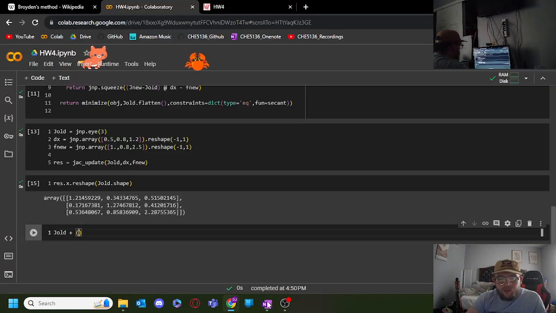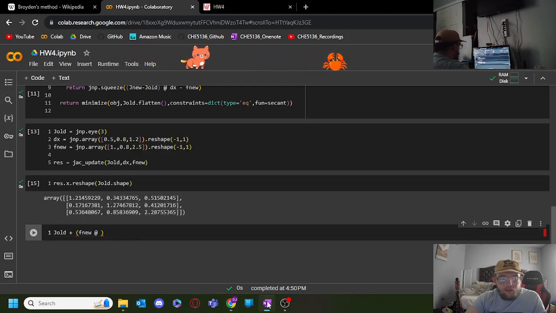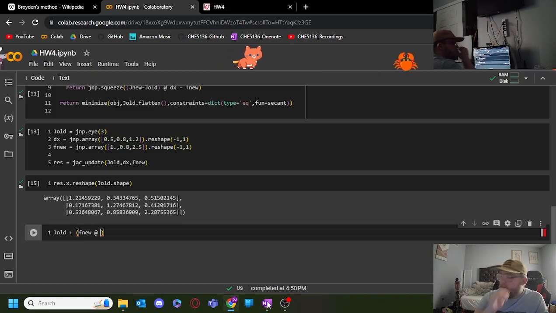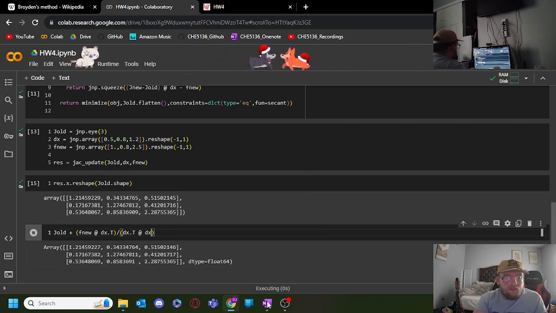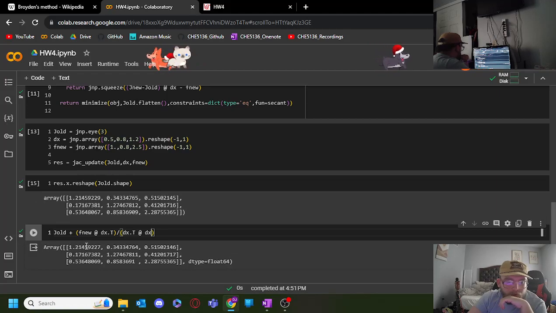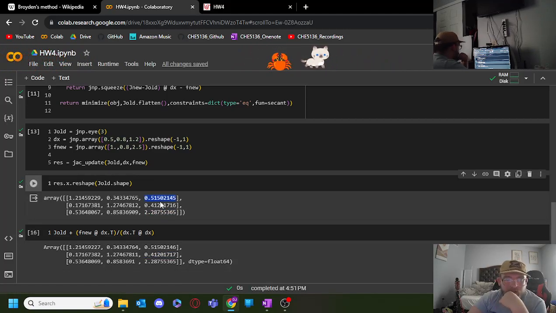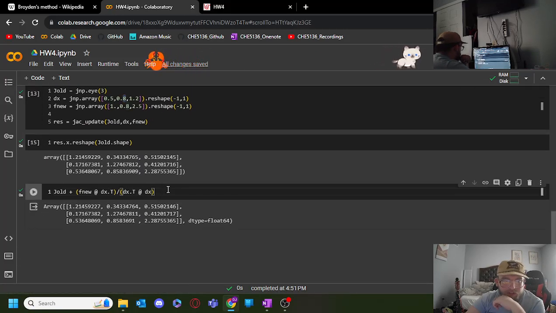Then in the numerator, we got f new, matrix multiply by the transpose of dx. Divide that by dx dot transpose dx. If you notice, 1.214, 1.214, 0.1716, 0.1716. All of these are matching up, showing that this method will get you the same result as this method.